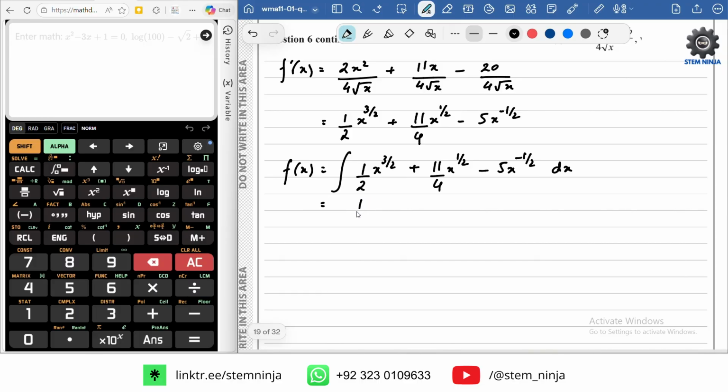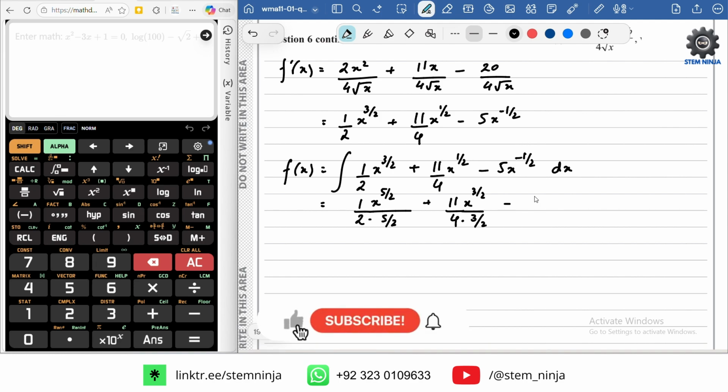So when we integrate, the powers are raised by 1, so this becomes 1 over 2 x to the 5 over 2 divided by 5 over 2 plus 11 over 4 x to the 3 by 2 divided by 3 by 2 minus 5x to the 1 over 2 divided by 1 over 2 plus c.